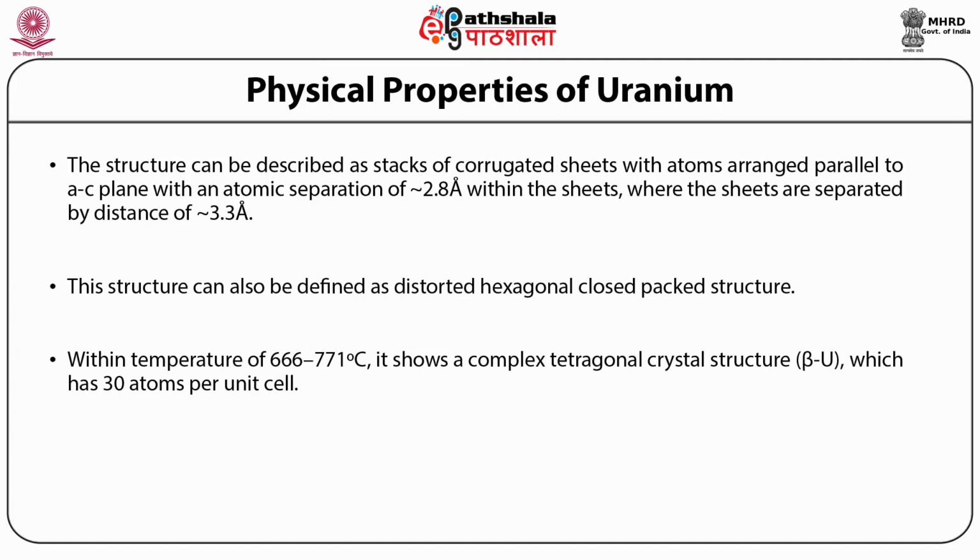Within the temperature of 666 to 771 degrees Celsius, it shows a complex tetragonal structure, that is beta U, which has 30 atoms per unit cell.